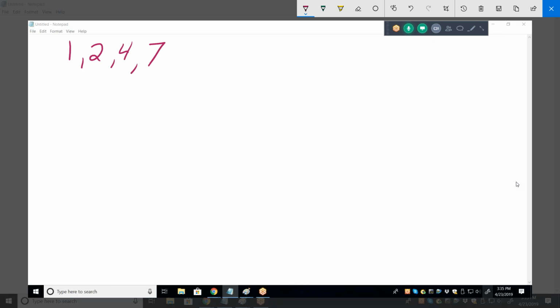Let's do, I think there's another sequence. There's 3, 7, 15, 27, 43, and so on. Okay, so the first thing, like what you were doing, we find the gap between each of the terms.